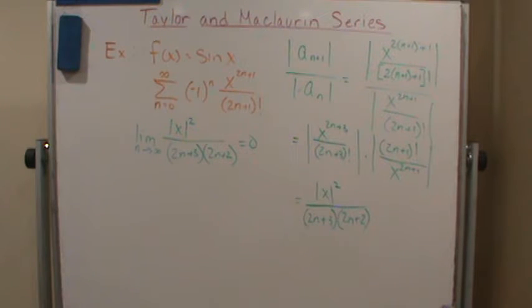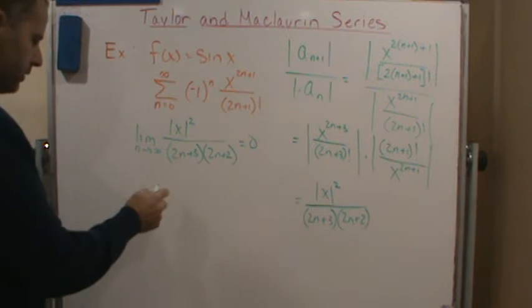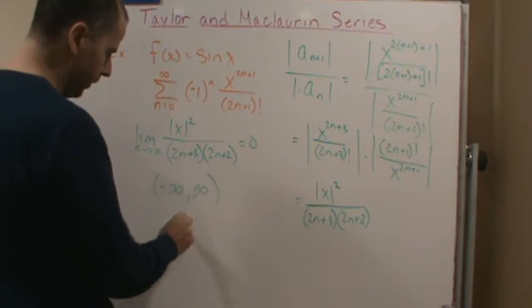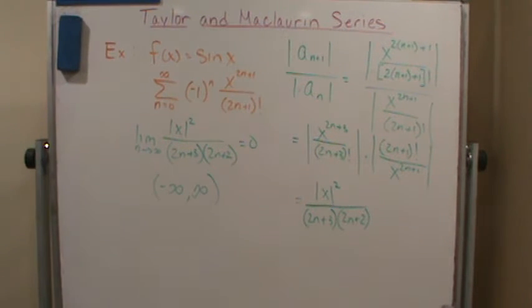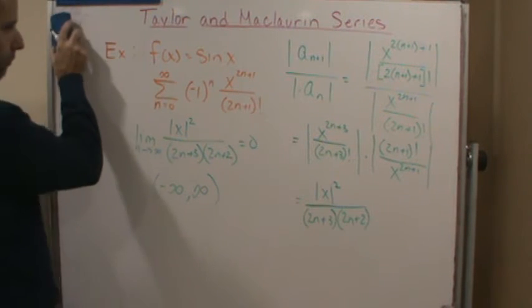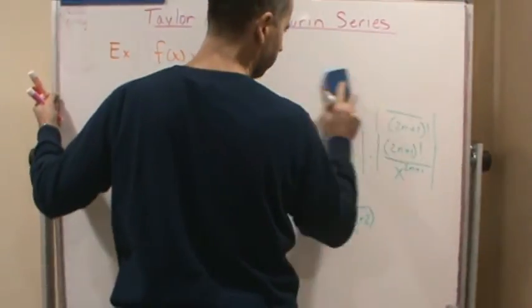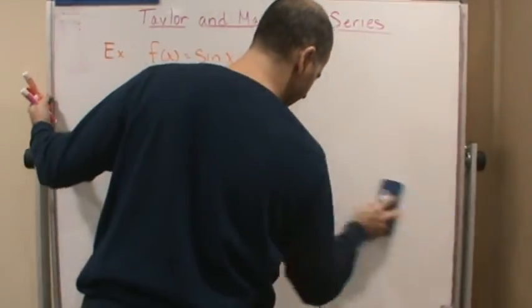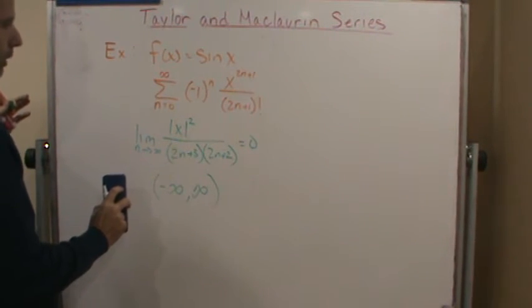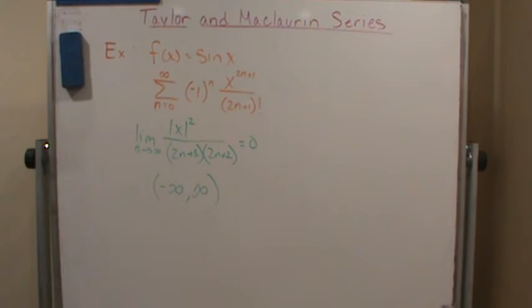So now to show that the Maclaurin series converges to sine x, we're going to look at the remainder. Okay? So we know the interval of convergence, and this is true for all x, so the interval of convergence is negative infinity to positive infinity. So now we've got the interval of convergence, and now we have to look at the remainder. So we're going to look at R sub n of x. Okay, so now I'm going to look at the remainder.